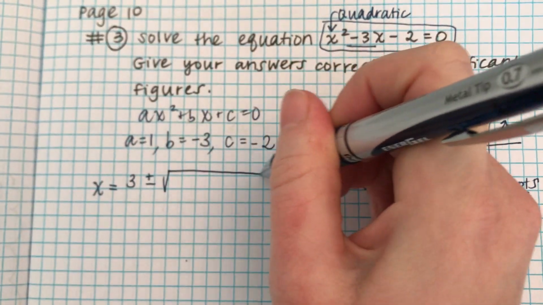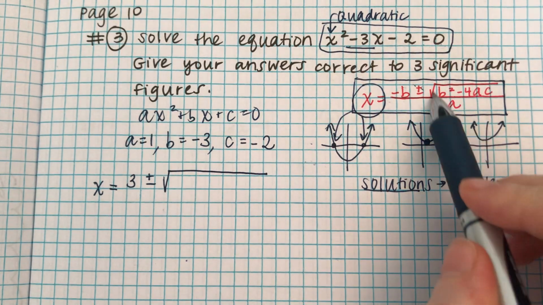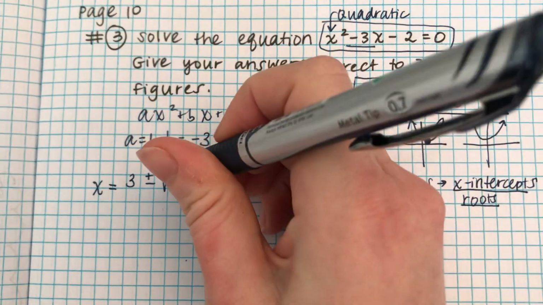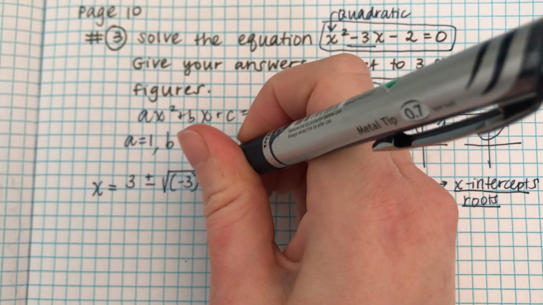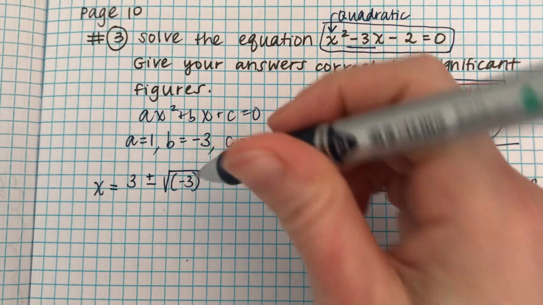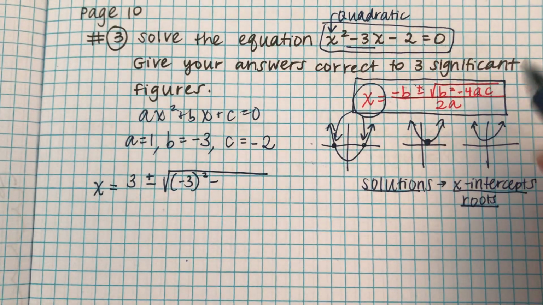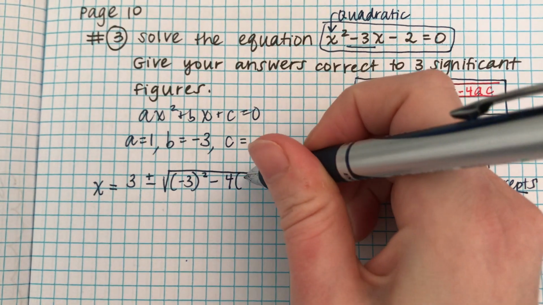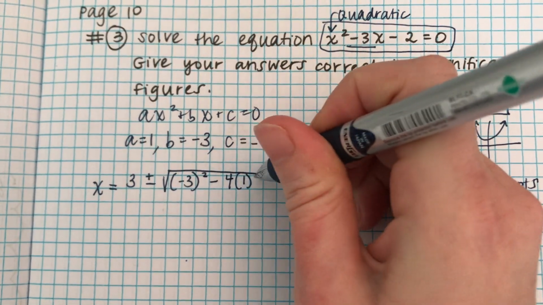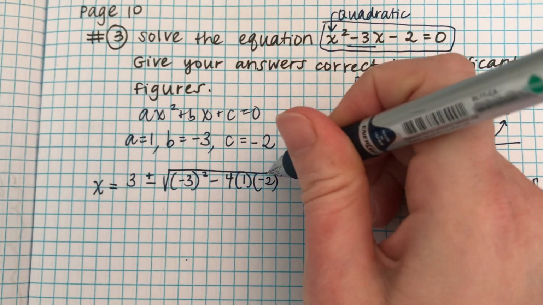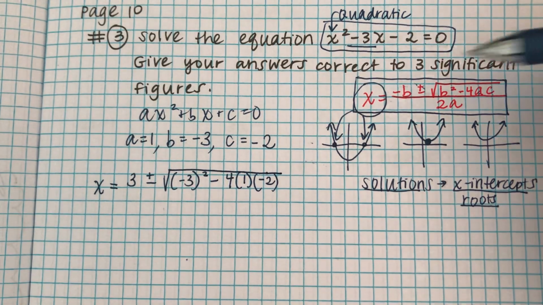And then we need the square root of b squared. I would always put b in brackets. So minus 3 in brackets squared minus 4 times a times c, which I normally just use brackets to represent. All right, so there are values there.